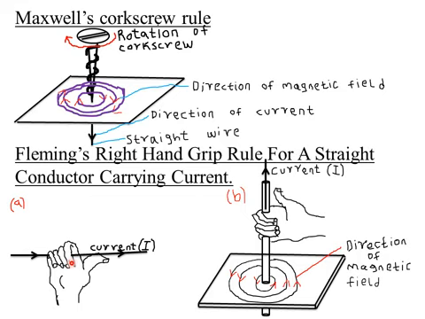So once more, Fleming's right hand grip rule for a straight conductor carrying current states that if a conductor carrying current is grasped in the right hand with the thumb pointing along the wire in the direction of the conventional current, the fingers will point in the direction of the magnetic field.